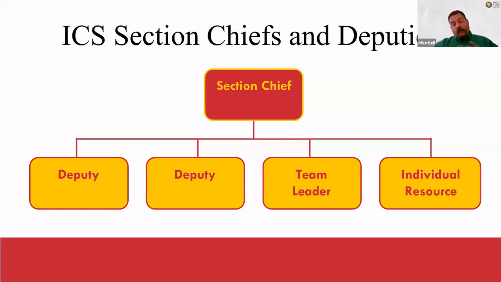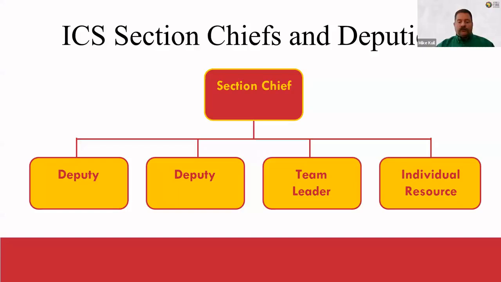If you've got to break it down because you've got so many folks working underneath of you, you can also use titles of team leader, or maybe you just have an individual resource there where those individual resources are just reporting back to the operations section chief on a small incident. That's okay too. So some of that terminology of deputies or team leaders for a little bit larger group, or maybe a deputy is going to be responsible for multiple team leaders, team leader responsible for multiple individual resources.